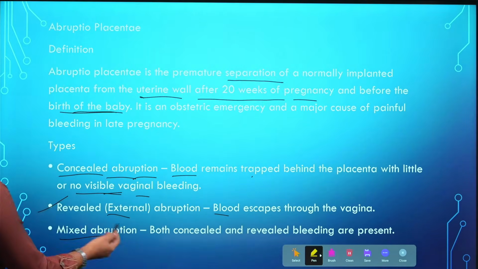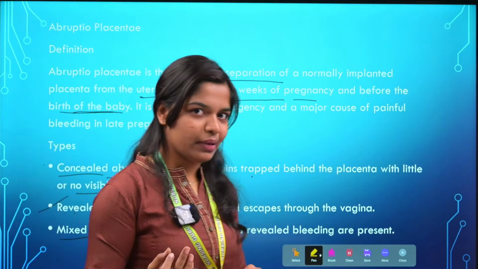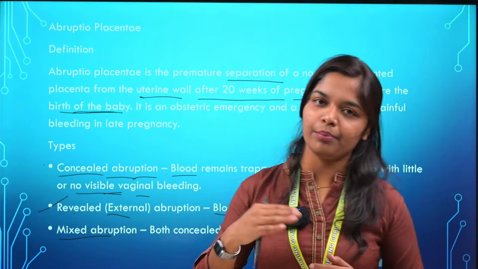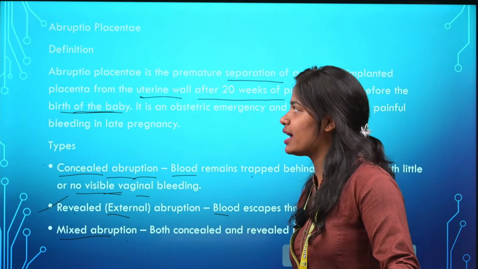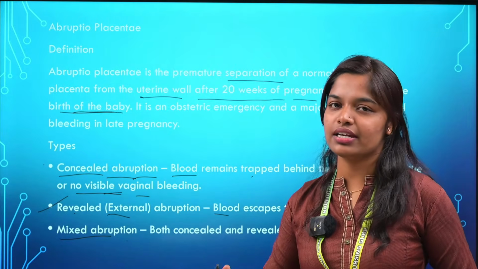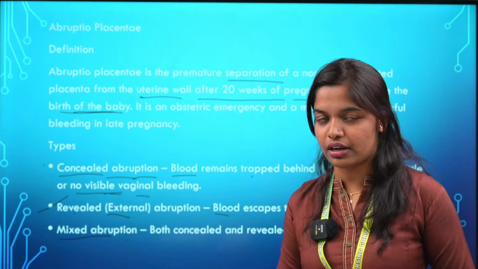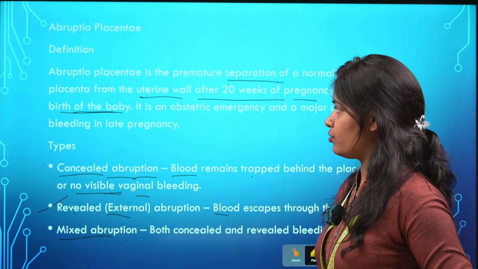Then mixed abruption, where both may be there: some bleeding may occur and some blood is trapped behind the placenta. Abruptio placenta is a condition in which the implanted placenta separates from the uterine wall before delivery of the baby.